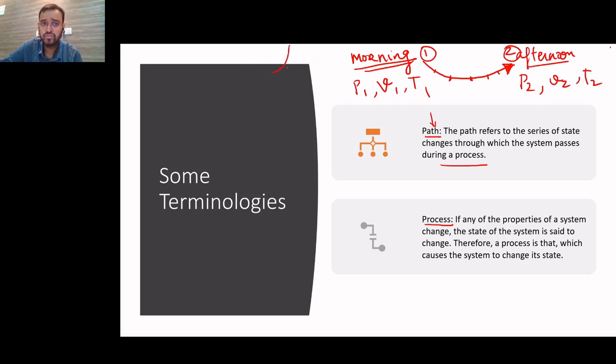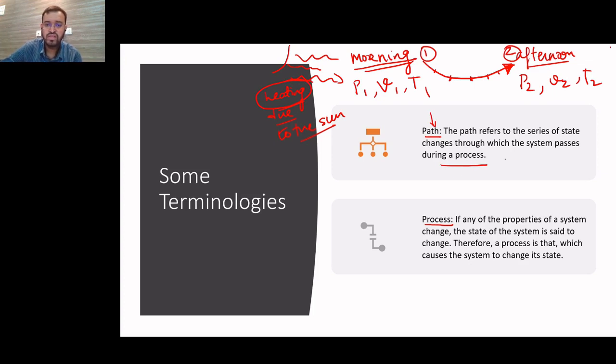So you had the sun, and it was heating the atmosphere, and that caused the state to change from 1 to 2, taking the path from 1 to 2. All right. So the process is something which causes the state to change. So in this case, this was probably heating due to the sun. Okay. So this was a heating process. Similarly, you can have a cooling process when the sun goes down, and so on and so forth.